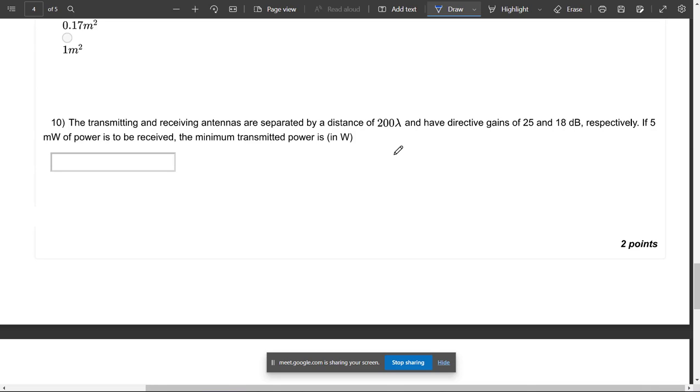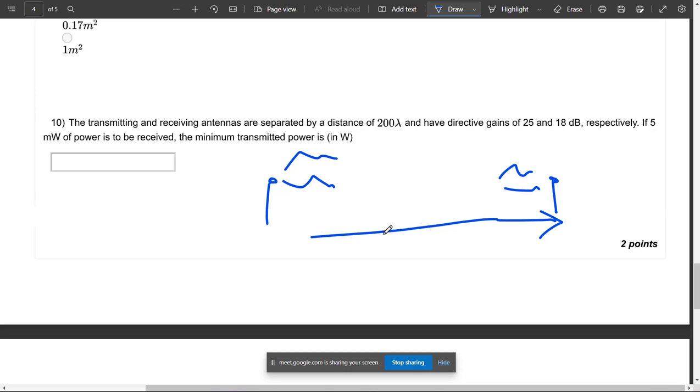Question number 10. The transmitting and receiving antennas are separated by a distance of 200 lambda, and have directive gains of 25 and 18 dB respectively. So there is one transmitting antenna and one receiving antenna, and the distance is 200 lambda.